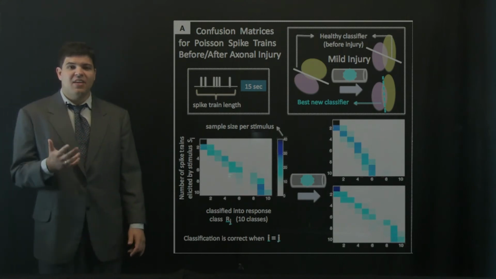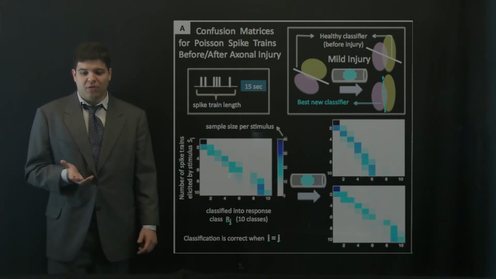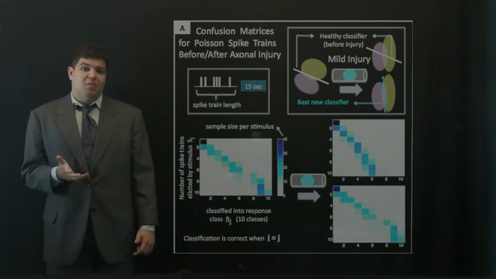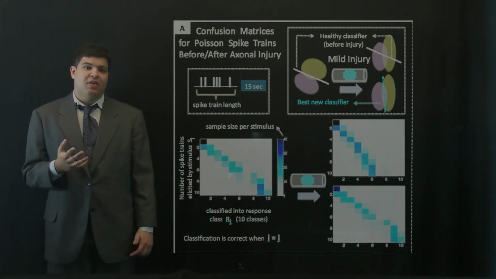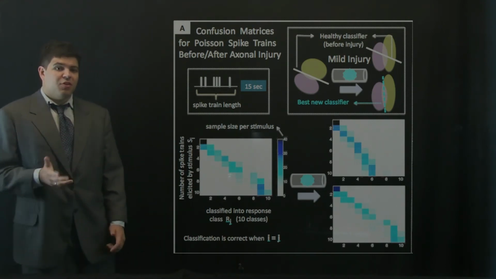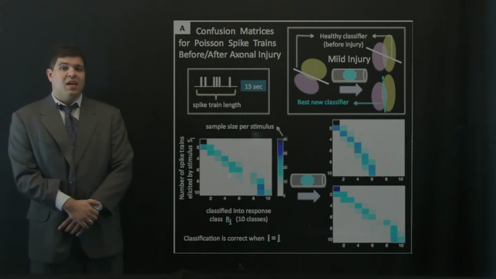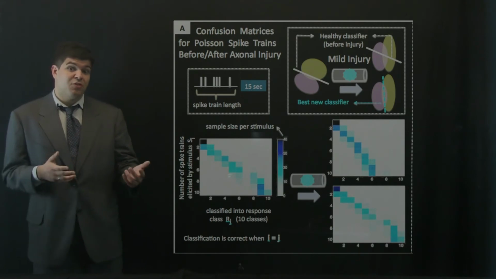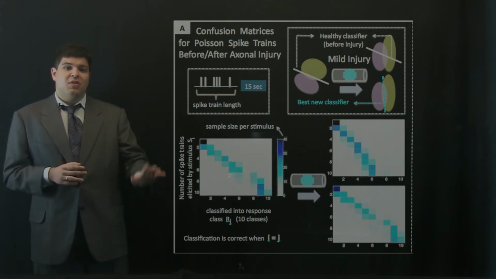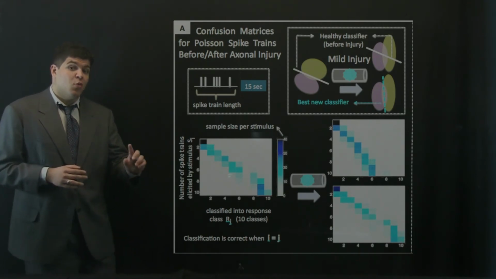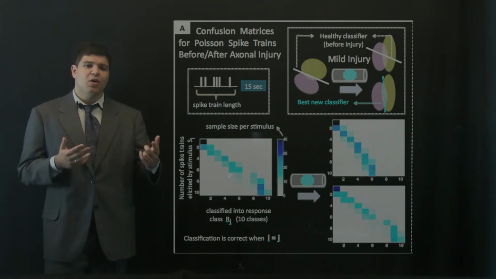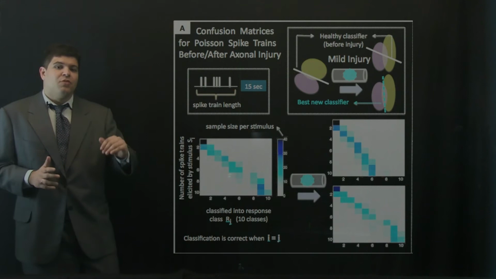That intensity of the Poisson process we're also going to call the firing rate of that class. So in this example, we generate spike trains from families of Poisson spike trains with increasing intensities. They increase from 1 to 10.